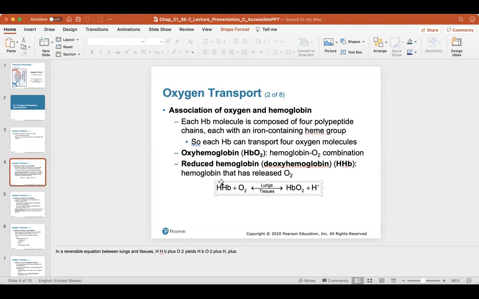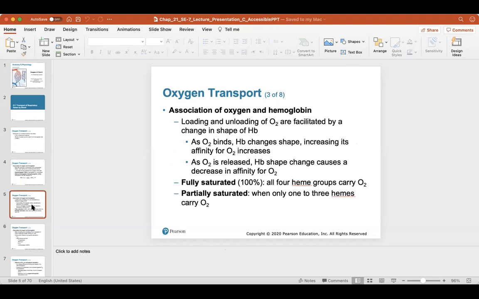So oxyhemoglobin takes oxygen to the tissues. Deoxyhemoglobin picks up oxygen from the lungs. The loading and unloading of oxygen are facilitated by the change in shape of hemoglobin. So as oxygen binds, the hemoglobin will change shape, increasing its affinity for oxygen. And as oxygen is released, the hemoglobin shape changes again, causing a decrease in affinity for oxygen.